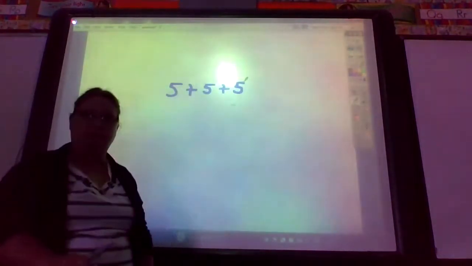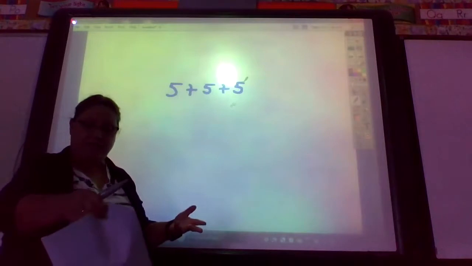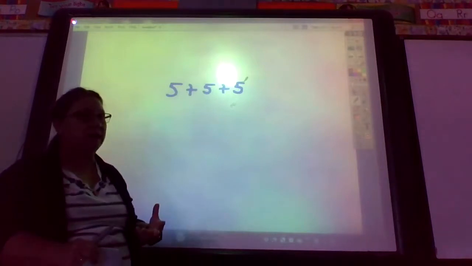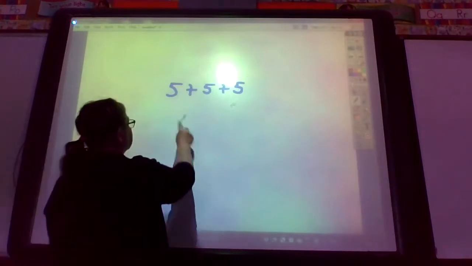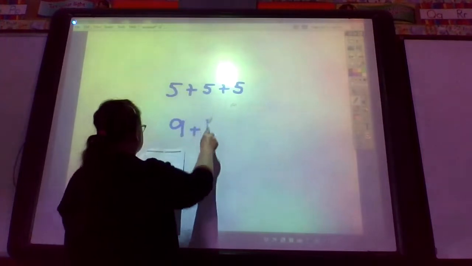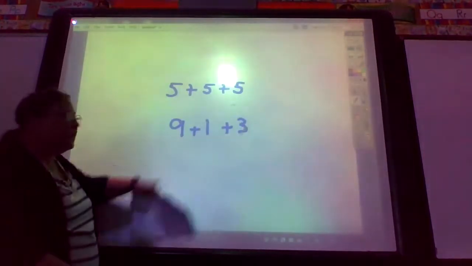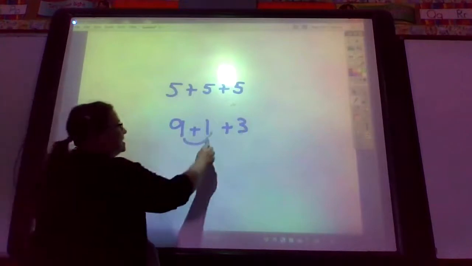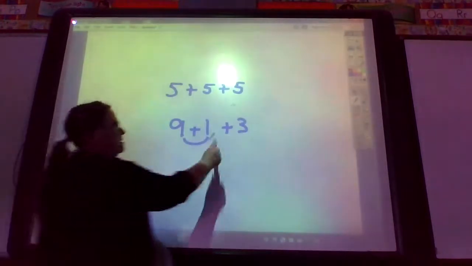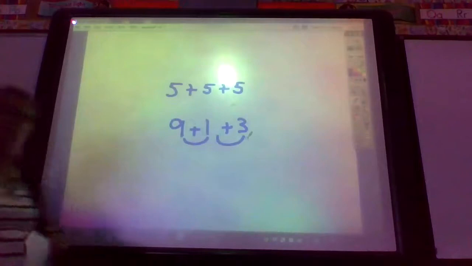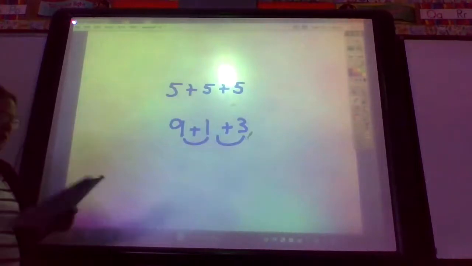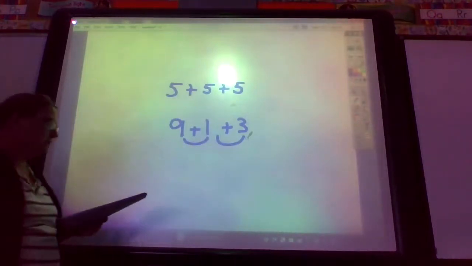Got my answer. Well, some of them aren't like that. If we look at the next one, it's 9 plus 1 plus 3. If I look at this problem and say, oh, that 9 and that 1 make 10, that 10 plus that 3 makes 13. So I can quickly add like that, okay?